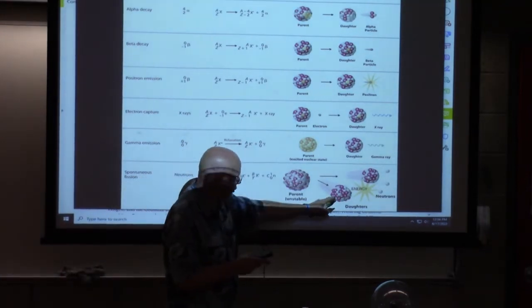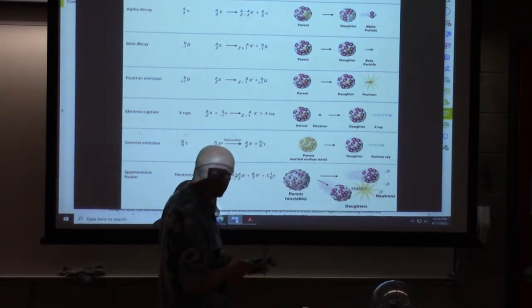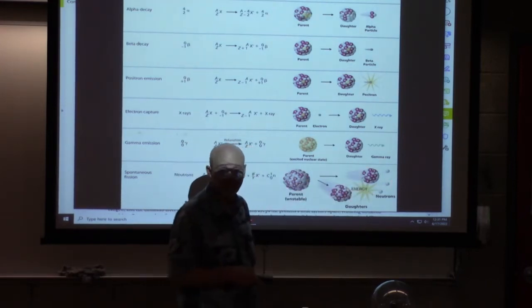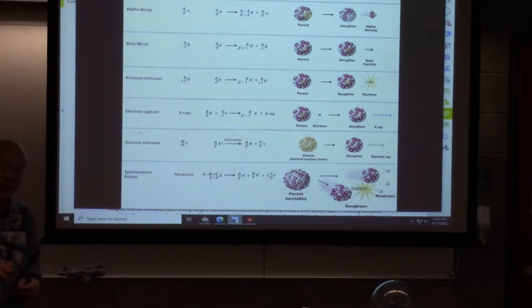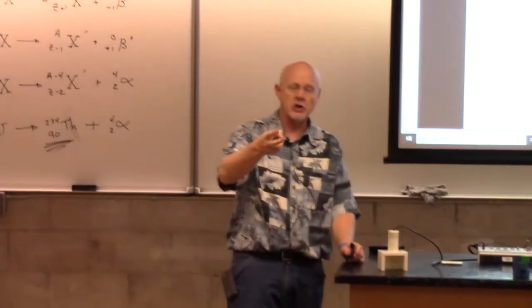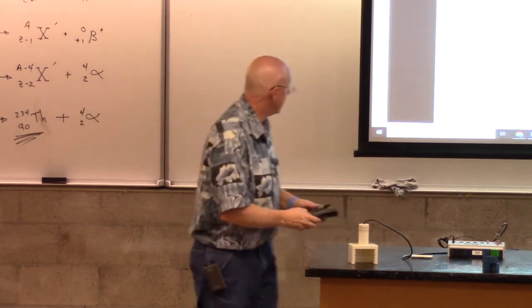There'll be two daughters and a bunch of neutrons, which he would say C neutrons, and his picture shows three. And of course also a lot of energy, I should emphasize. So those neutrons will come shooting out at a high rate of speed. So we conserve energy, we conserve the amount of charge and the number of nucleons. And so there is our conservation.